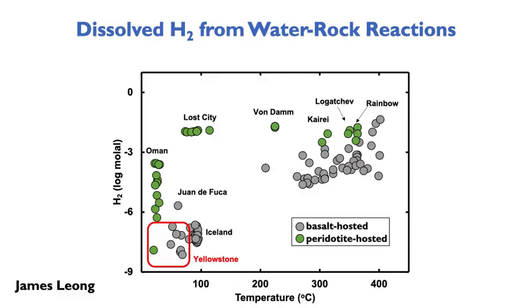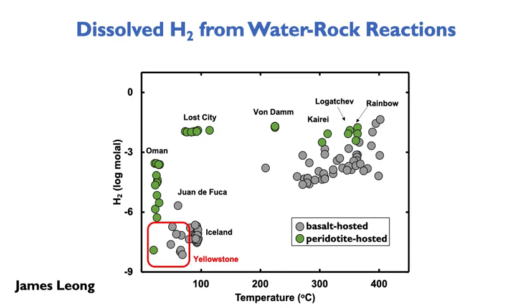The hydrogen content of these fluids that have undergone low temperature serpentinization is impressive, as shown here by the green symbols on the left on this plot of hydrogen versus temperature. The green symbols on the left are coming from Oman, and they are the peridotite-hosted samples.